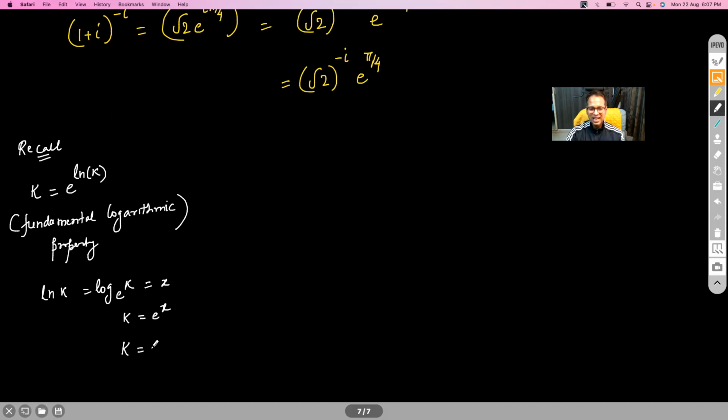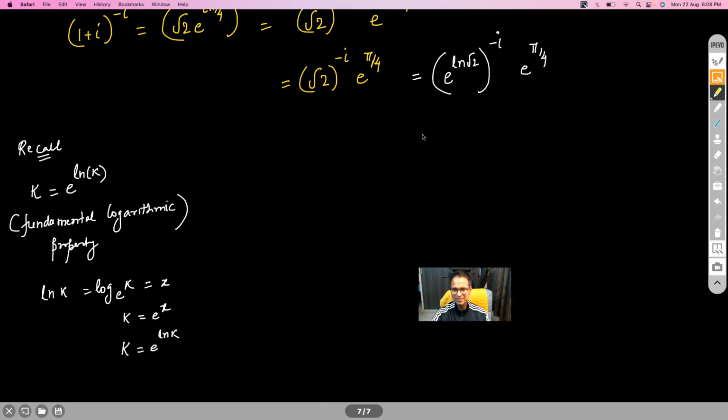Okay. And what is x? x itself is ln k. Hence this property. So what I'm going to do here is this: root 2, can I write it as e to the power ln root 2? Right? By the very same logic, root 2, I'm writing as e to the power ln root 2. Correct?